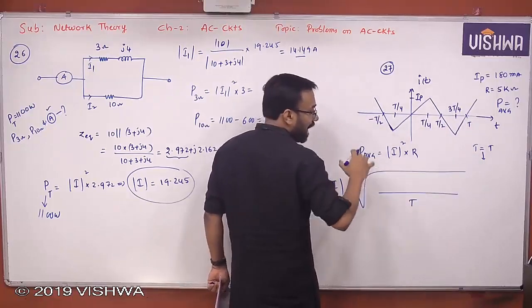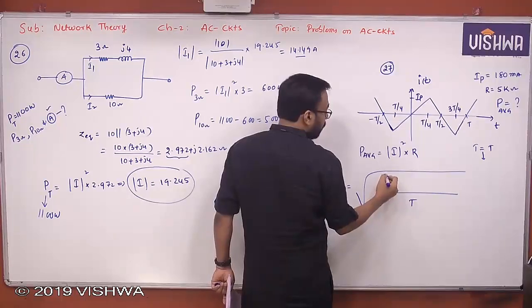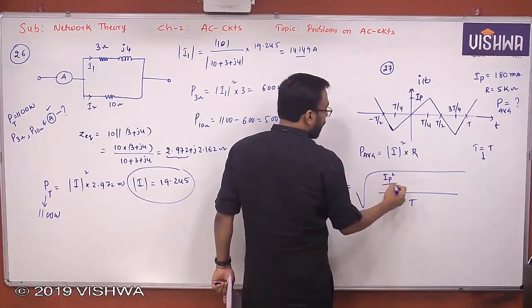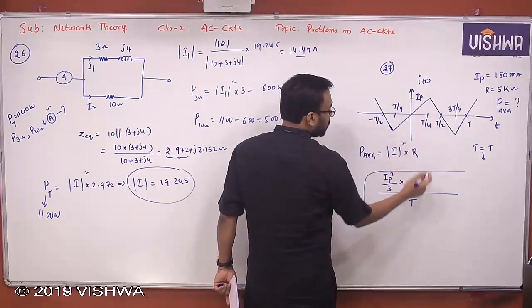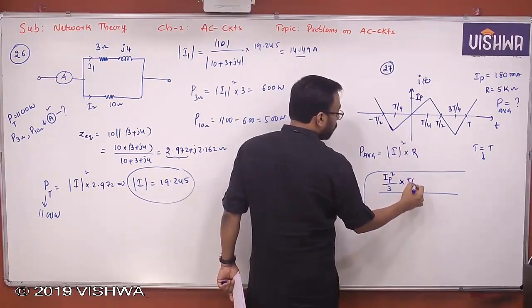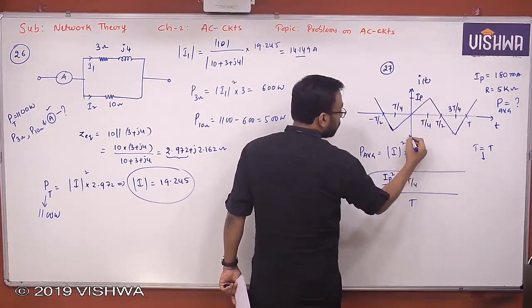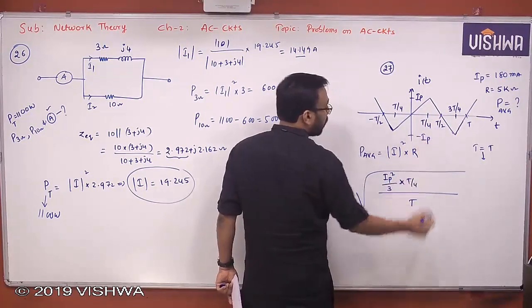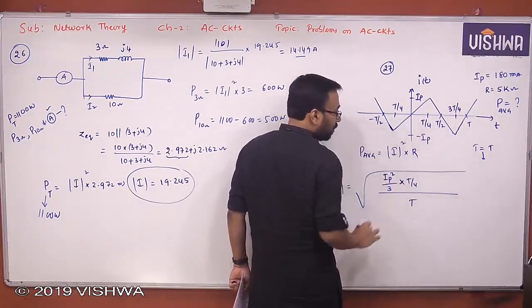When there is a ramp, I already told you the technique. What is the magnitude of the first ramp? IP square by 3, I told you, right? Into the duration of the ramp, that is the time of the ramp, T by 4. Like that you have another ramp of the same magnitude. This is minus IP, please note this down. Minus IP or plus IP whole square will give you plus only.